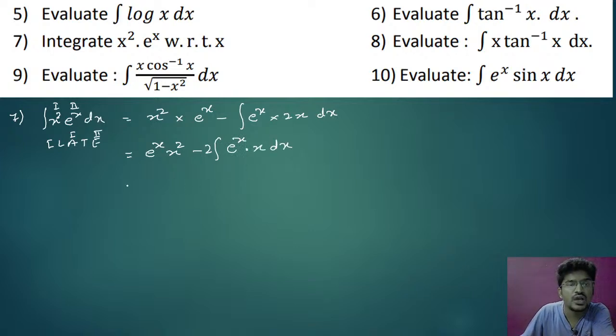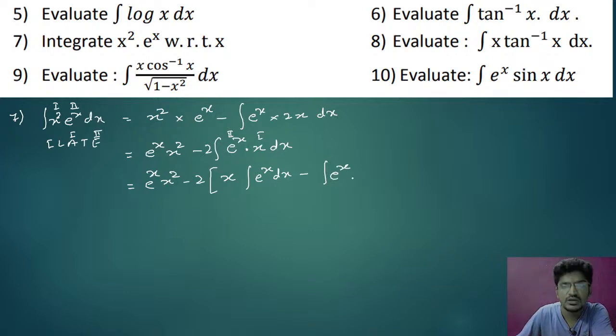Clear? So again we have to apply our integration by parts formula, with minus 2 as a constant outside. Now the first function will be x, the second function will be e raised to x. First function as it is, integration of the second function, minus, integration of e raised to x, which is e raised to x multiplied with the differentiation of x, which is 1 with respect to dx.